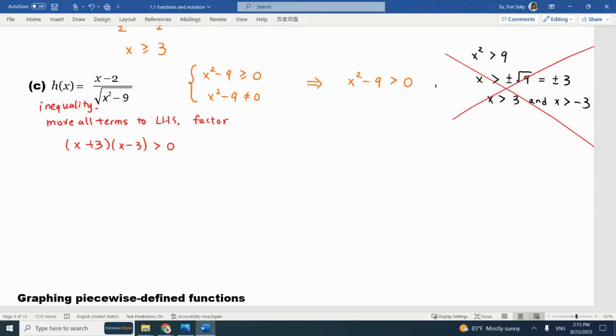And then the next step is to find the critical numbers. To find the critical numbers, you set each factor equal to 0 and solve for x. You get x plus 3 is 0 or x minus 3 is 0. What's x?